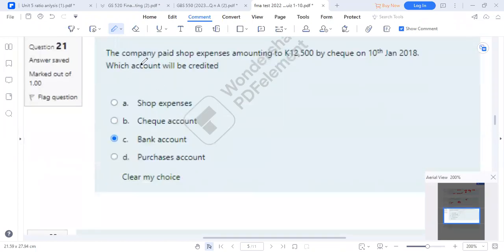Then here we're told that a company paid shop expenses amounting to 12,500 by check. So shop expenses, 12,500. So which two accounts do we have?